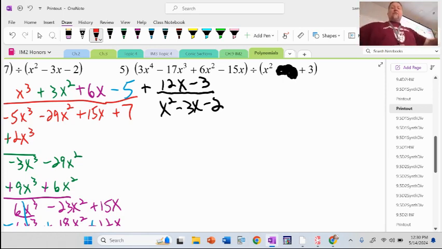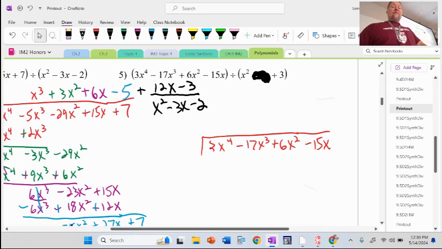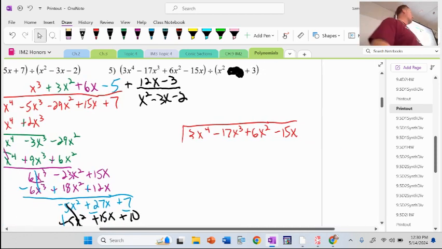It's just going to skip terms in the middle, because this happens sometimes. So I'm going to go ahead and put 3x to the 4th minus 17x cubed plus 6x squared minus, oh, look at that, minus 15x. That stops at 15x. That's also a little different.